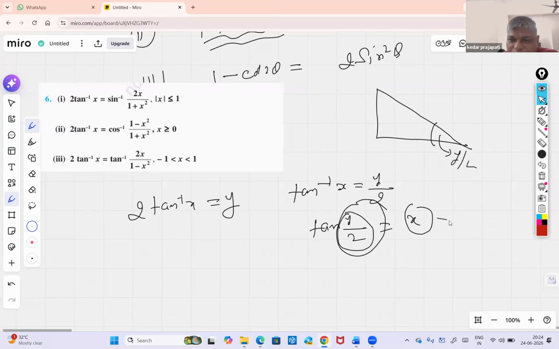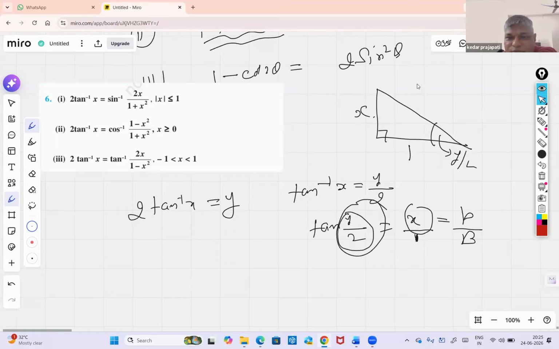It means perpendicular by base. Perpendicular is x. But what is the base? By default, 1 is there. So if the base is 1 and this is perpendicular, this is the hypotenuse.